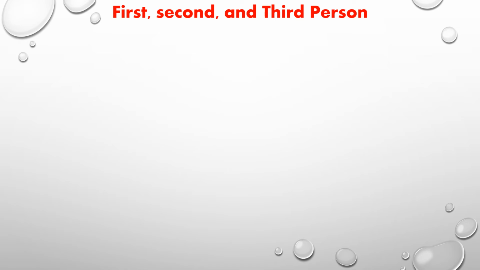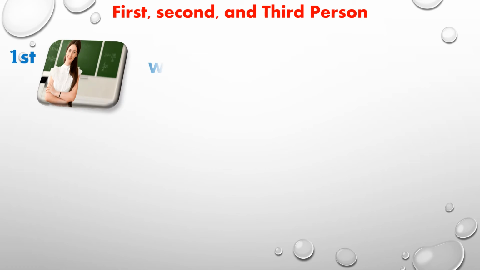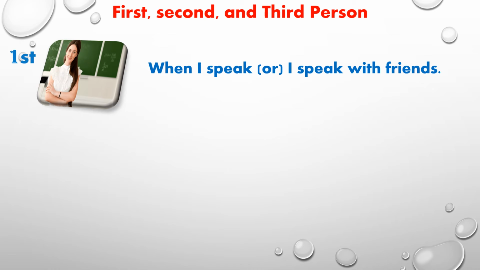First, second and third person are ways of describing points of view. First person: when I speak, or I speak with friends, it's called first person. I, first person singular. We, first person plural.